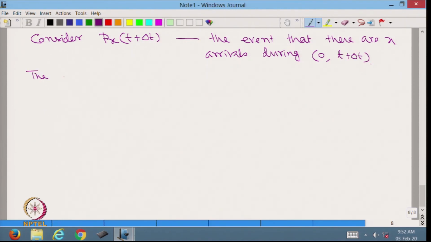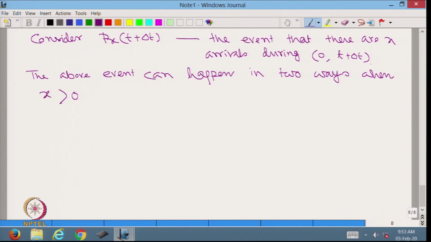The above event can happen in two ways when x is greater than 0.